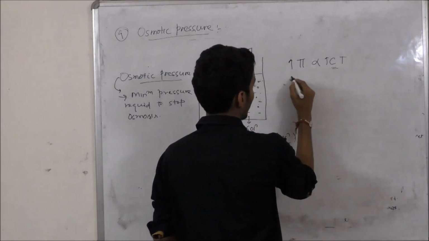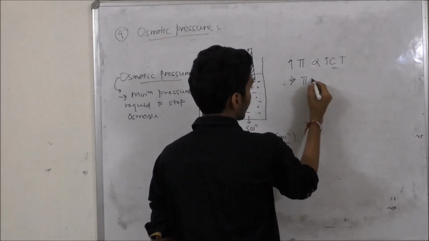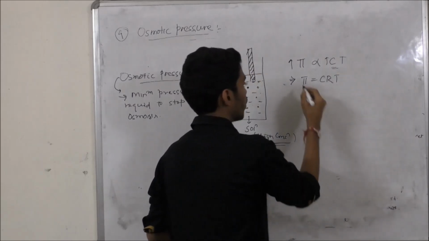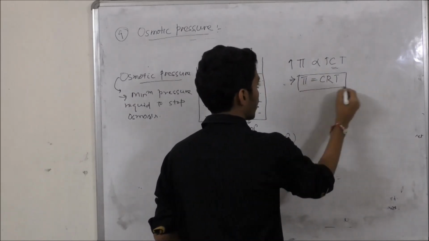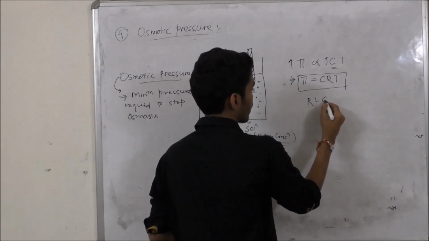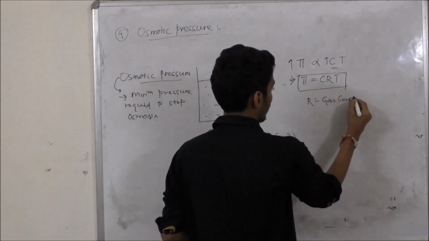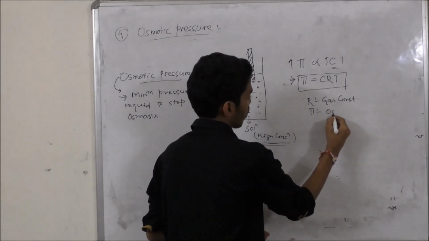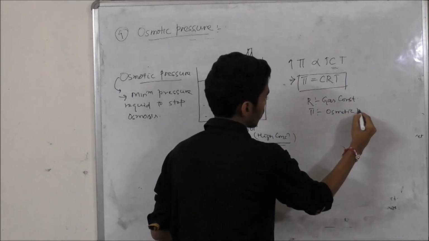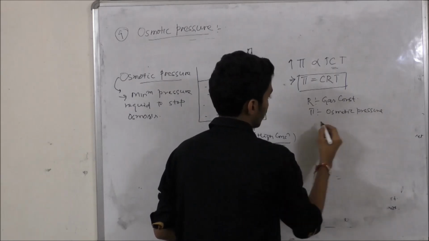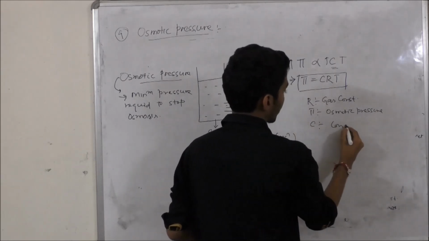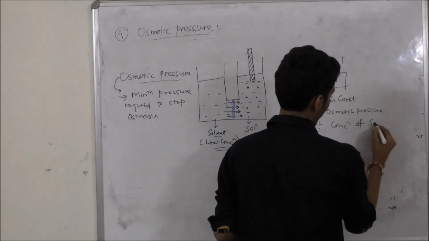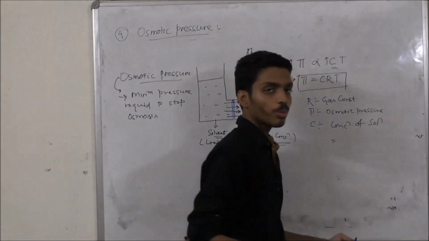So if we replace it, pi equals CRT, where R is the gas constant, pi is osmotic pressure, and C is the concentration of solution. And what is concentration of solution?